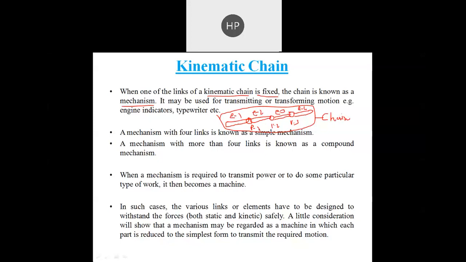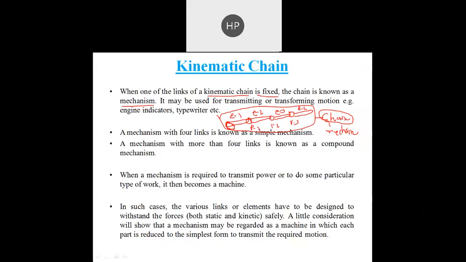But now out of these four elements, if I fix this link, this element in a particular position, then this chain is known as a mechanism. This basic thing is very important: the chain is considered a mechanism only if one of the links is fixed.